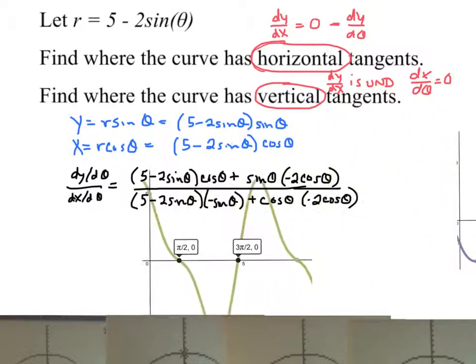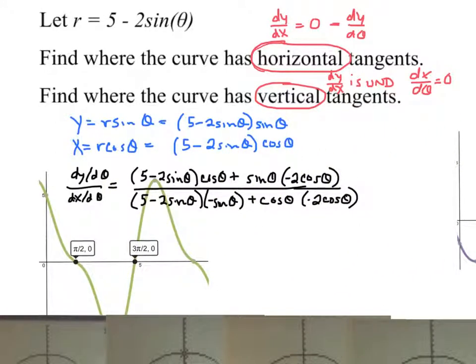This is dy d theta. This is just me graphing the numerator. So you can see what makes it 0 are pi over 2 and 3 pi over 2. So let me just go up here. Where dy d theta is 0 is pi over 2 and 3 pi over 2. Those are the thetas.